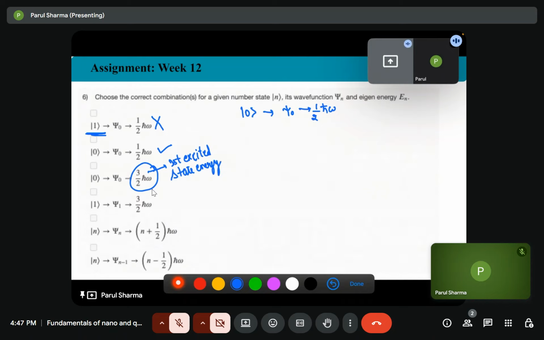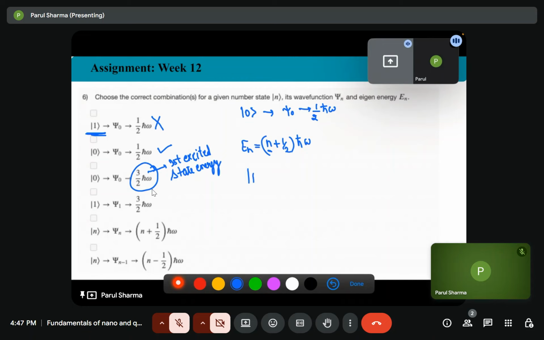Okay, this is E. When n is equal to 1, then it will be 3 by 2 h cross omega. So it is correct, psi 1 is equal to 3 by 2 h cross omega.